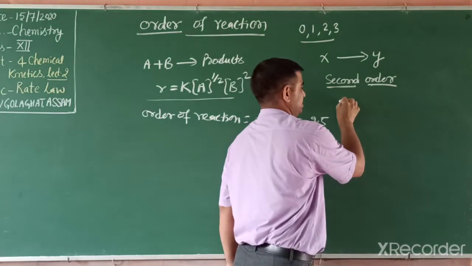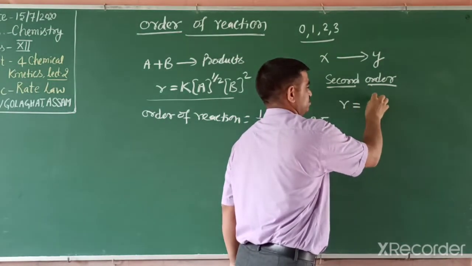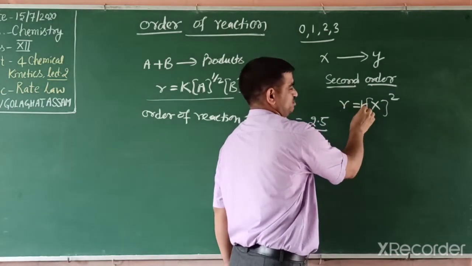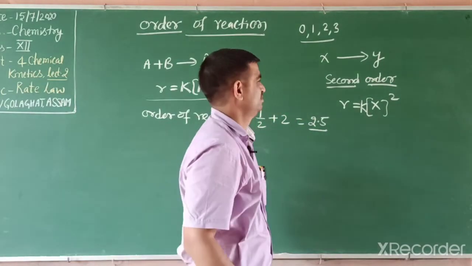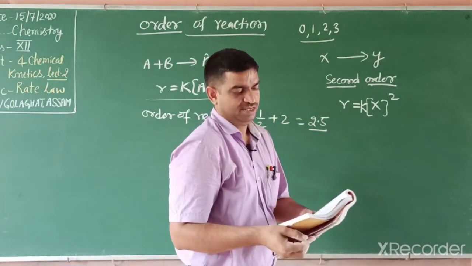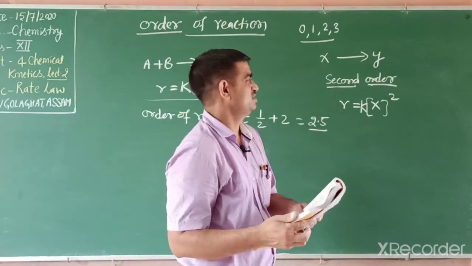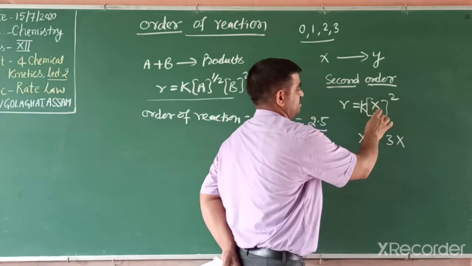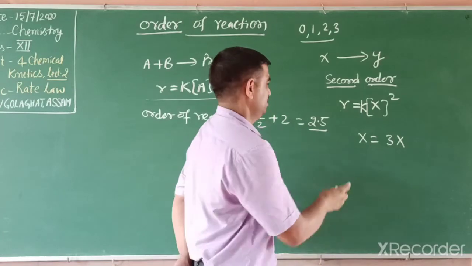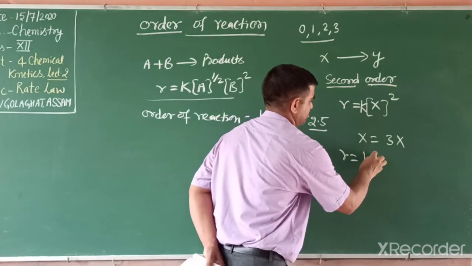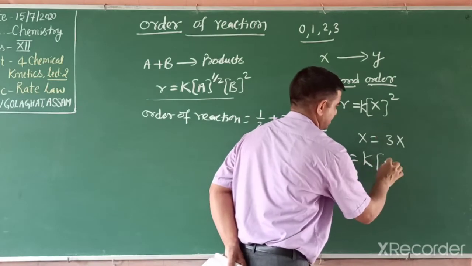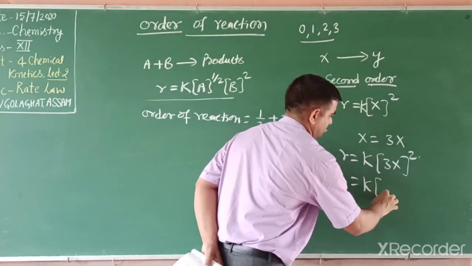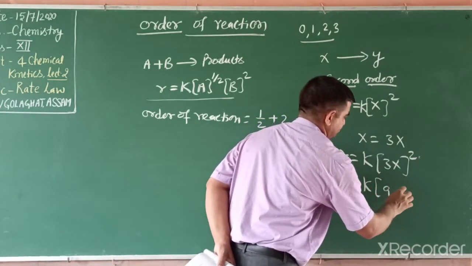So at first we write the rate law: R is equal to K, X power 2. This is the rate law. Then the question is: if concentration is increased to 3 times, what happens to the rate of formation of Y? If we write 3x in place of X, then R is equal to K, 3x power 2.